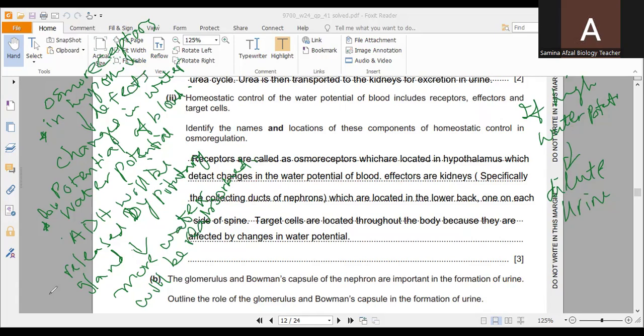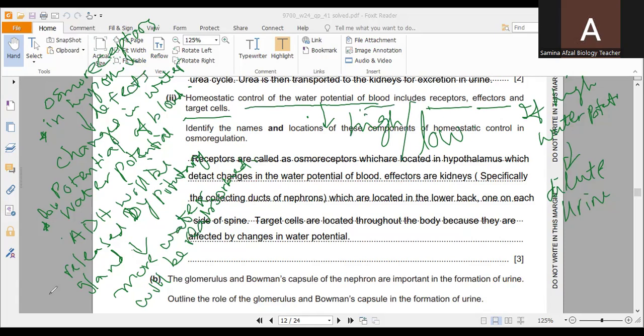These factors, first of all the receptor cells, then effector cells, and the target cells, work together for the homeostatic control of the water potential of the blood. In both cases, whether water potential is high or low, the process takes place.